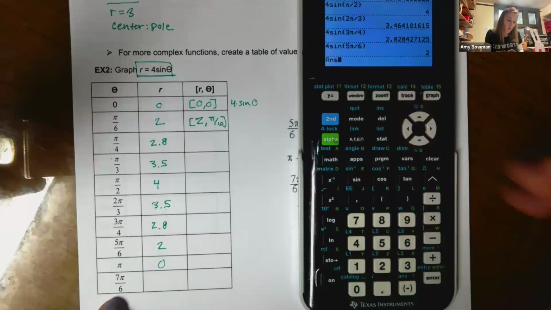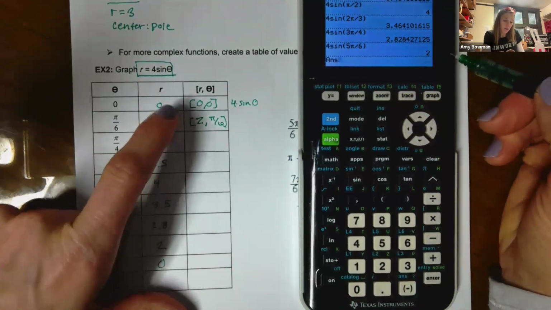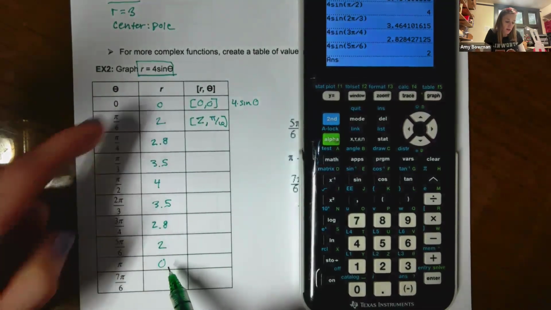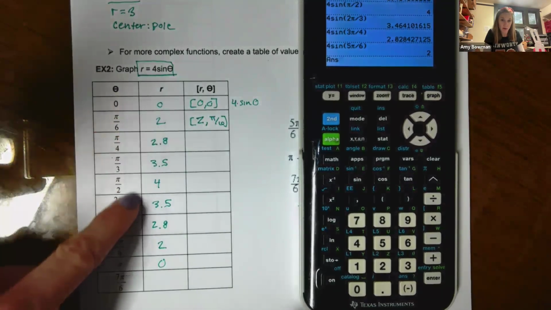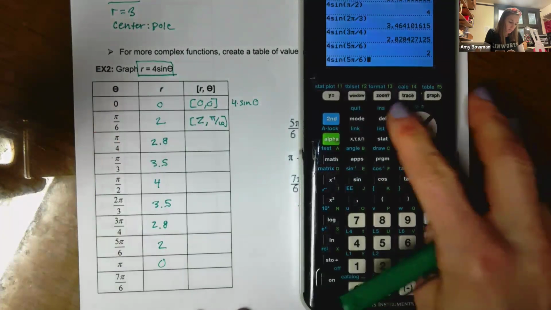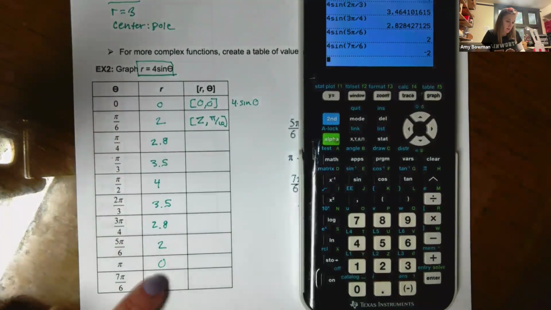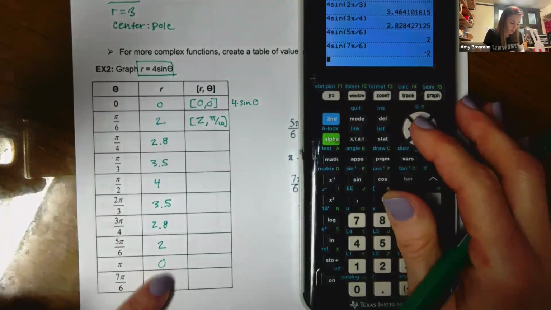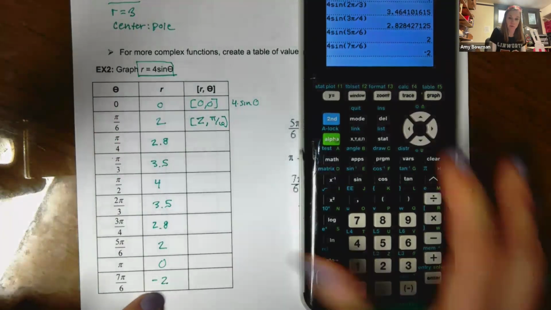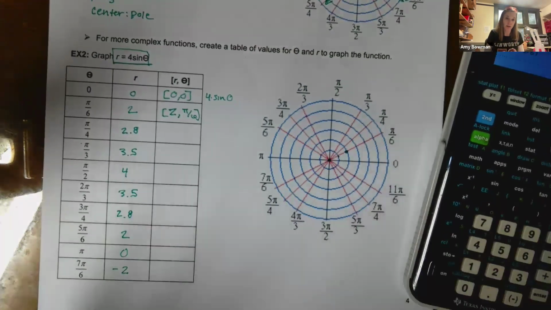So if the very next one repeats back to 2 or 0, then we know we're done. So one last time, 7 pi over 6. Oh, -2. Okay, I'm going to leave that there and show you what happens when we get to that point, because it's confusing to know if we're done or not.